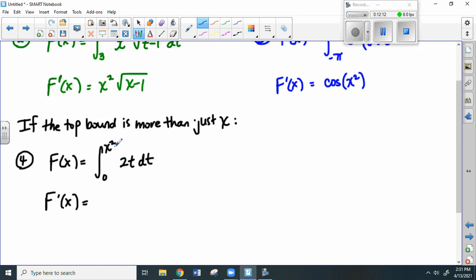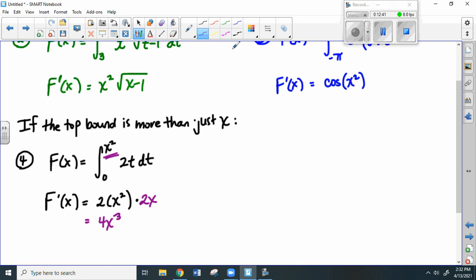And so whatever your top bound is, you replace t with it. And I guess I don't really need parentheses there. But the catch is that it's like the chain rule. If it's more than just x, you have to multiply by the derivative of what you plugged in. So again, it's like the chain rule. And then you simplify and put it all together. And there is your derivative.